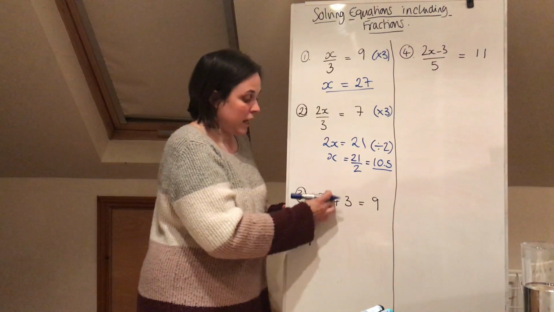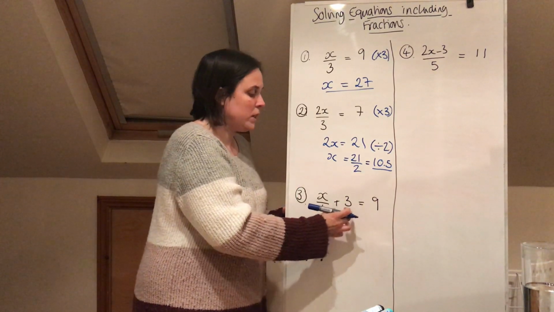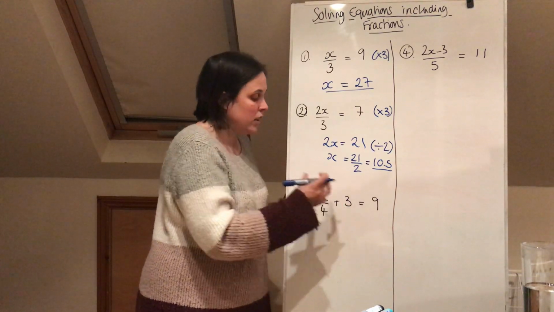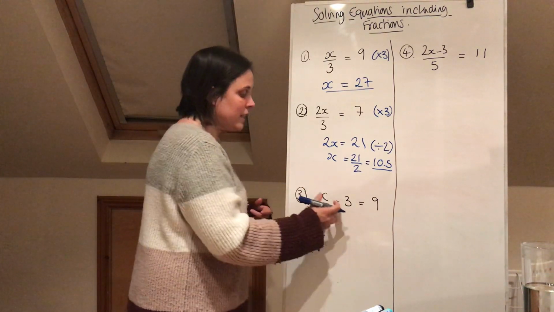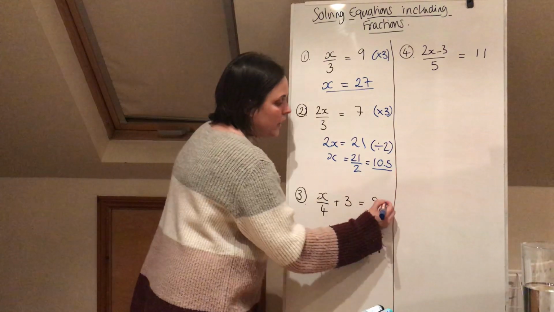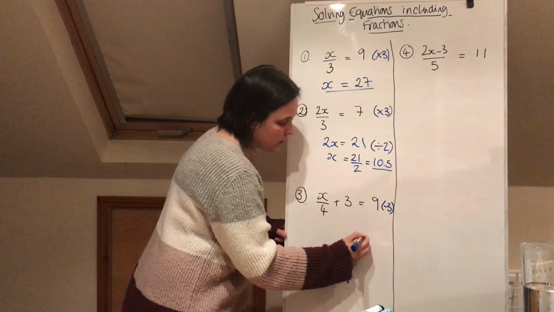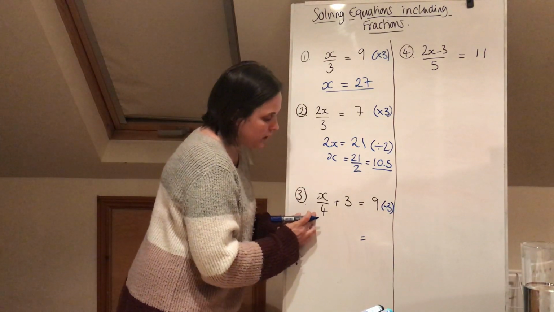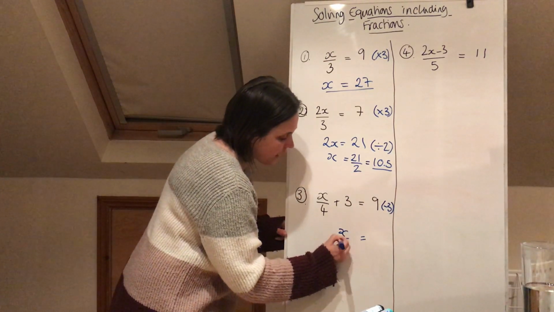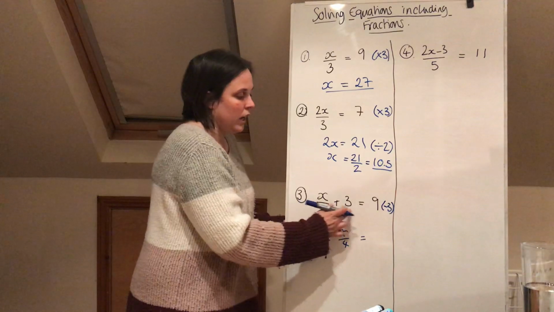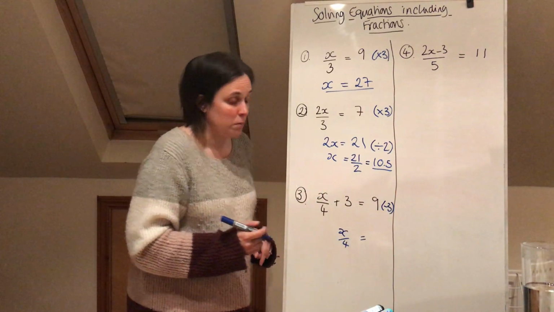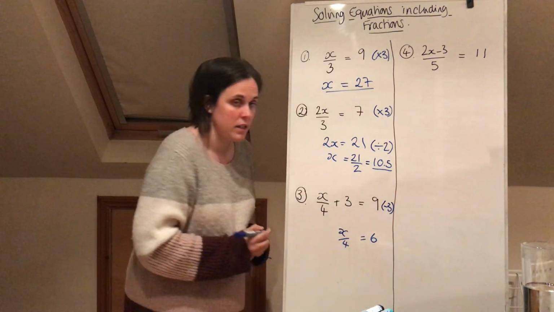Your x term is here with the divide by 4, but you've got plus 3. The first thing you need to do is get rid of that plus 3. Inverse operation, we're going to take away 3 from both sides. If we take away 3 from this side, we're just left with that x over 4, and if we take away 3 from 9, we're left with 6.